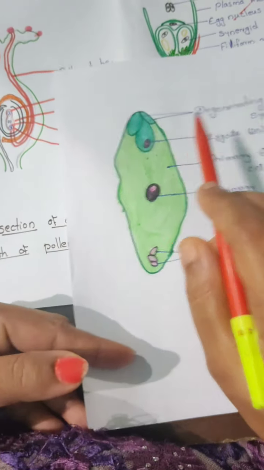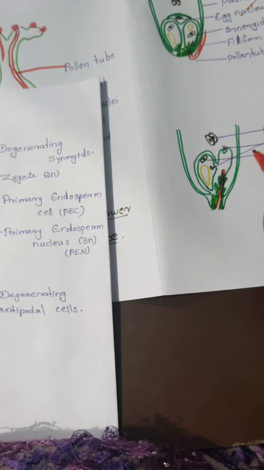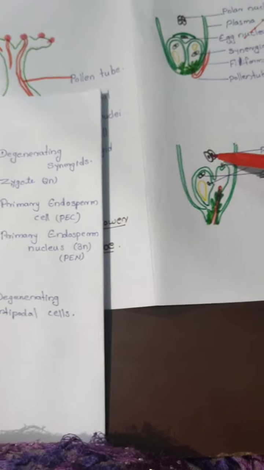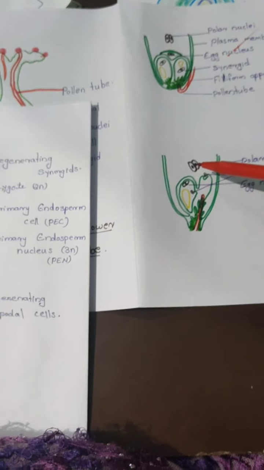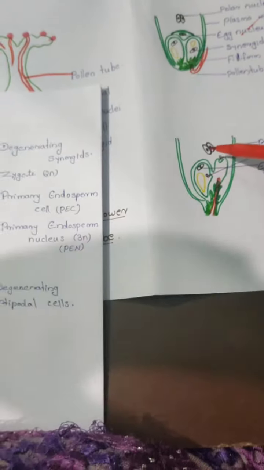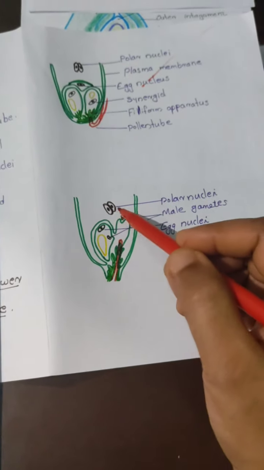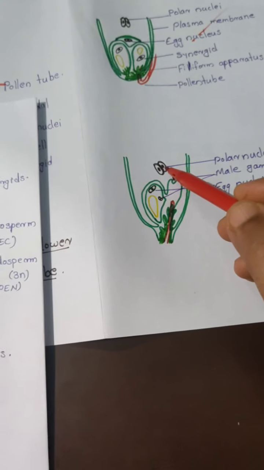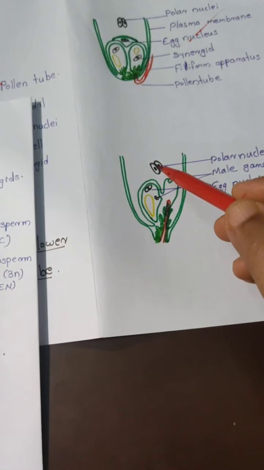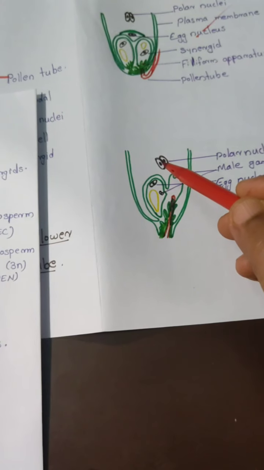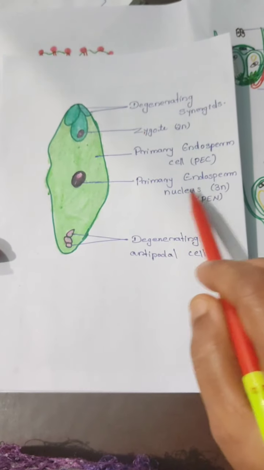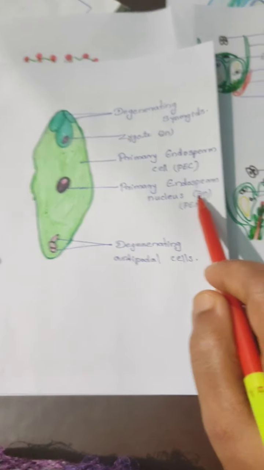Then the other male gamete moves towards the two polar nuclei located in the central cell and fuses with them to form the triploid primary endosperm nucleus, PEN. This primary endosperm nucleus is 3N.